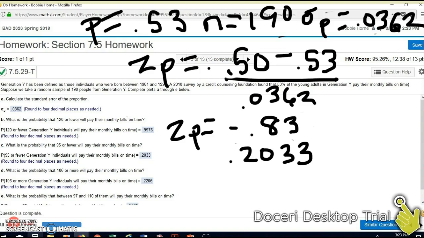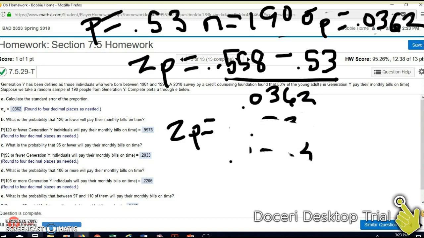So first of all, we have to come up with a proportion to put right here. So 106 out of 190, you get 0.558 minus 0.53 divided by 0.0362.